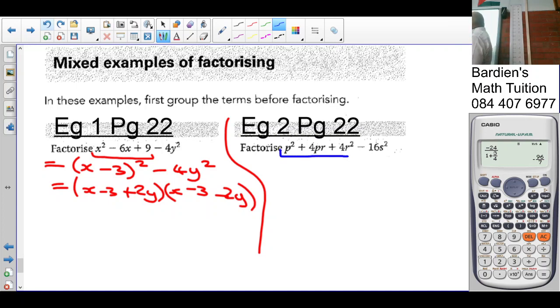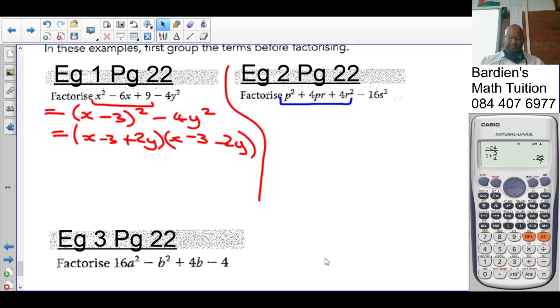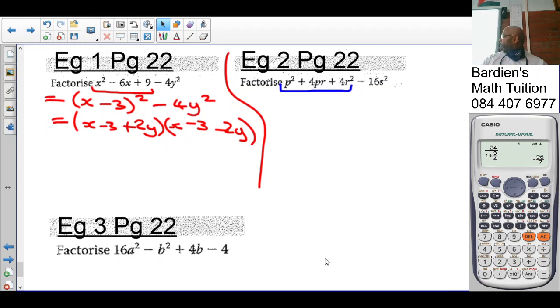Do your factorization thing, not your TikTok stuff that you people are busy with. Okay, I take it you guys are done? Not yet? Okay. For those of you who are done, you can look at number 3 at the bottom.